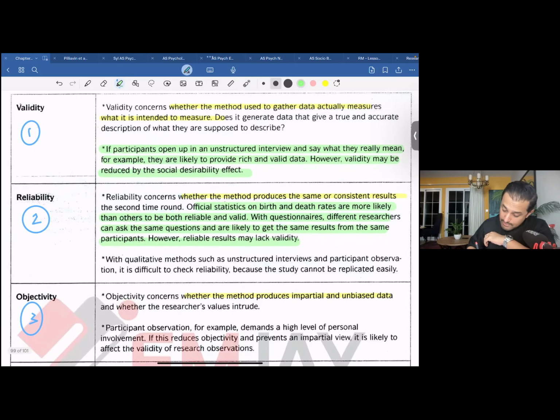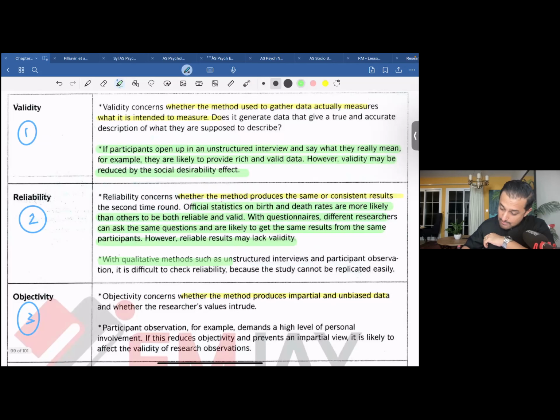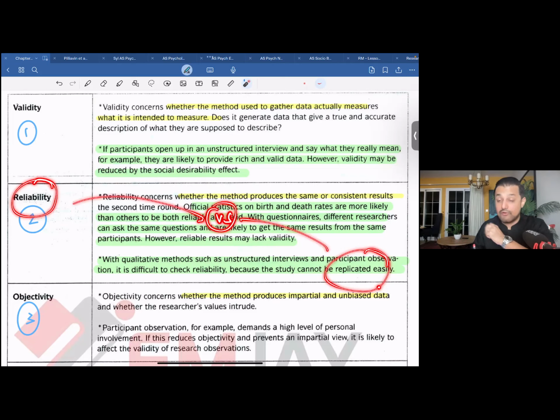With qualitative methods such as unstructured interviews and participant observations, it is difficult to check reliability because the study cannot be replicated easily. Now, my dear, I'd want to assume that you're not getting confused between the terms reliability and replicability or replication. Replication is a repetition of a research being conducted, conducted in the same manner exactly again, right?